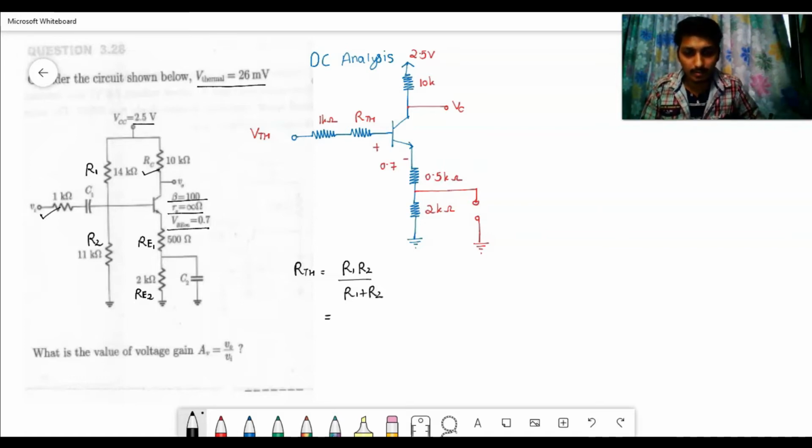It comes to 6.160 kilo ohms, I am writing in kilo ohms. That is RTH.